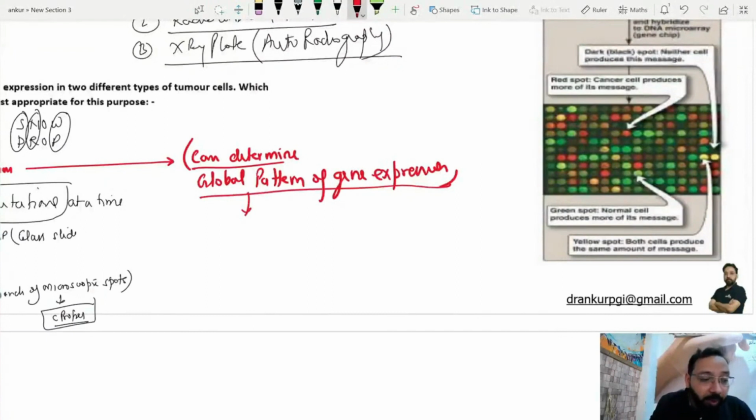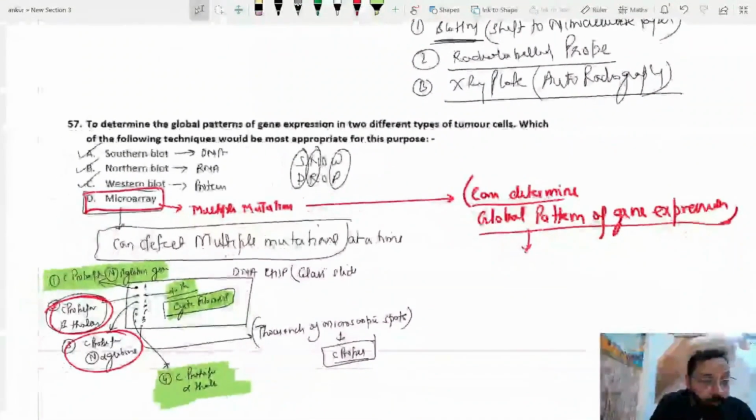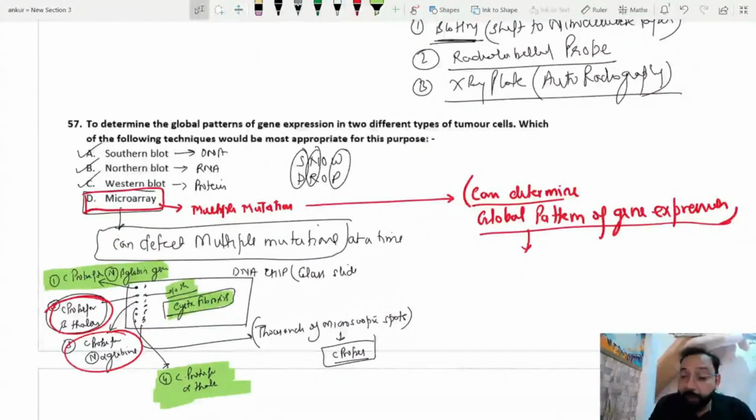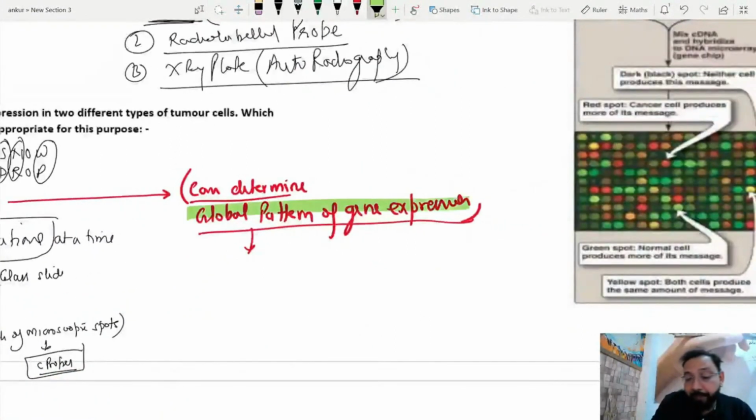You tell me, yes sir, in this cell, out of 25,000 genes, 2,000 genes are expressed. I can determine that by microarray. It means I can determine the number of expressed genes by microarray, and this is a very good technique to determine the global pattern of gene expression. Global pattern of gene expression means out of 25,000 genes, how many genes are expressed.